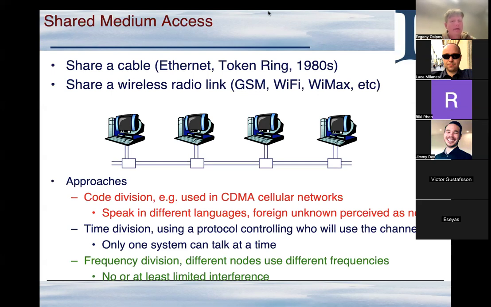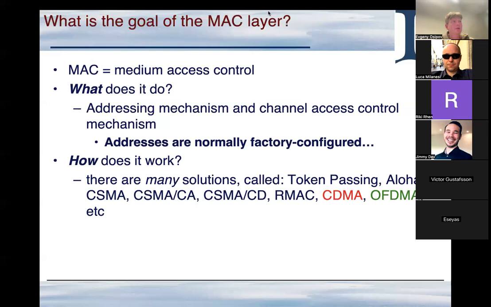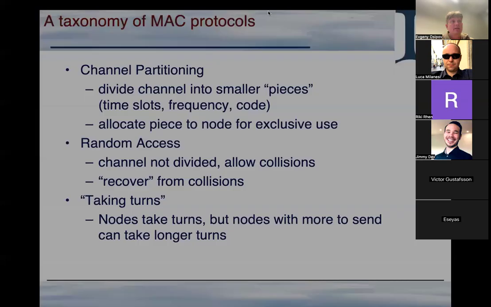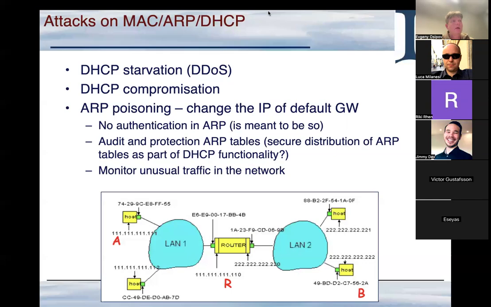Well, the link layer and associated medium access control schemes, there are no direct attacks just on the functionality of such protocols, which can be of different kinds, like token passing, random access protocols, or code division, etc. Here, the problems from the security perspective come from the supporting infrastructure of the link layer.